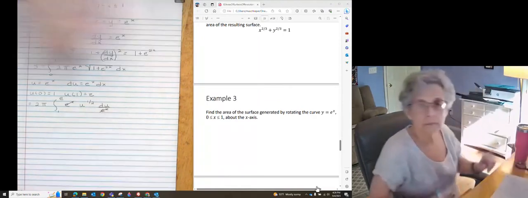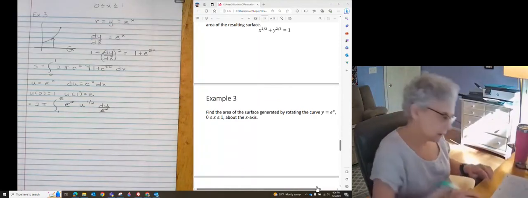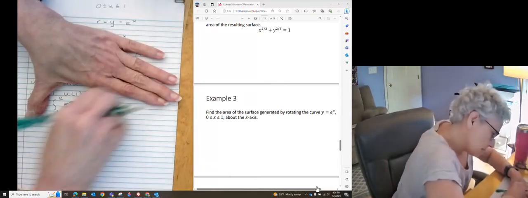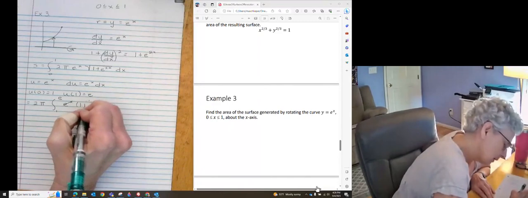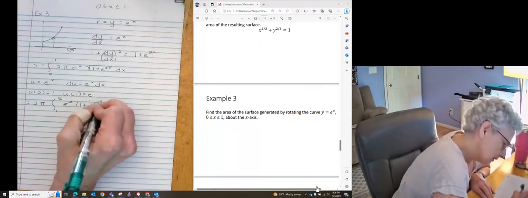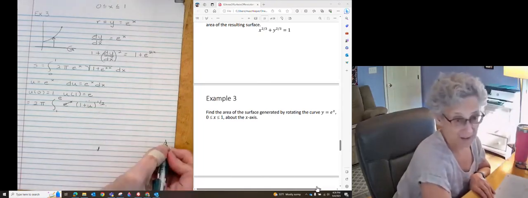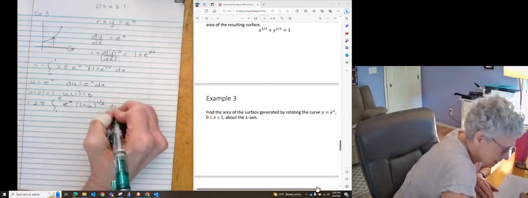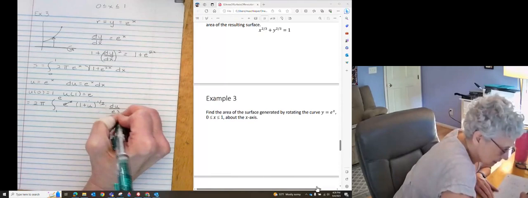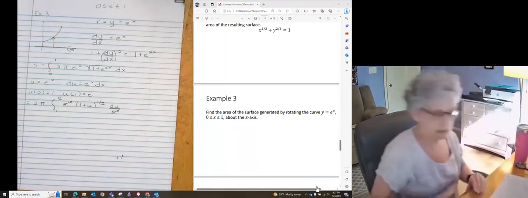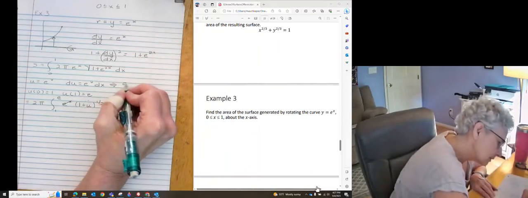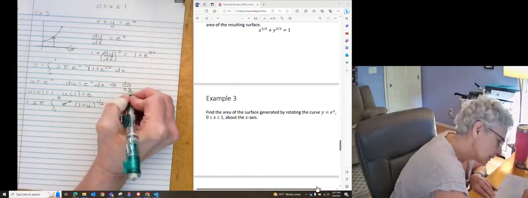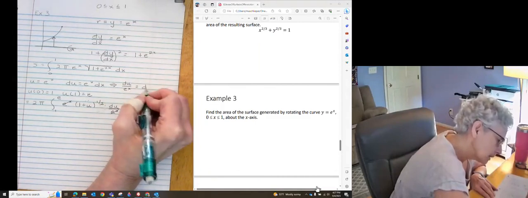So cancel and cancel. Okay, let me go ahead and rewrite this here. du over e to the x equals dx.